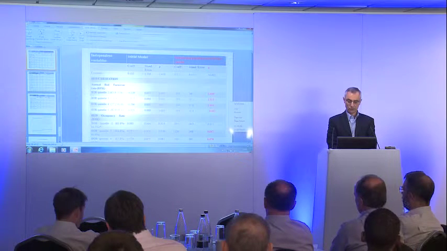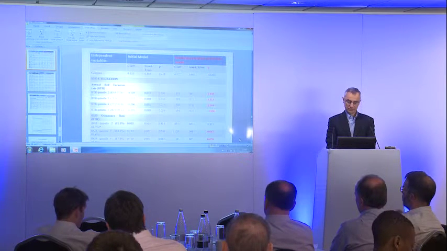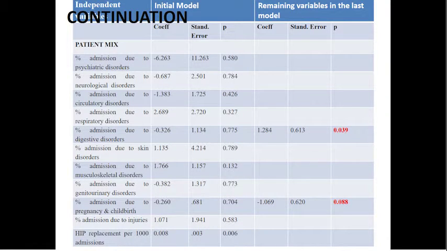By the way, I also want to show that there were other variables in the model that stayed significant. One was the proportion of admissions due to digestive disorders, which remained significantly associated with CDI rate.